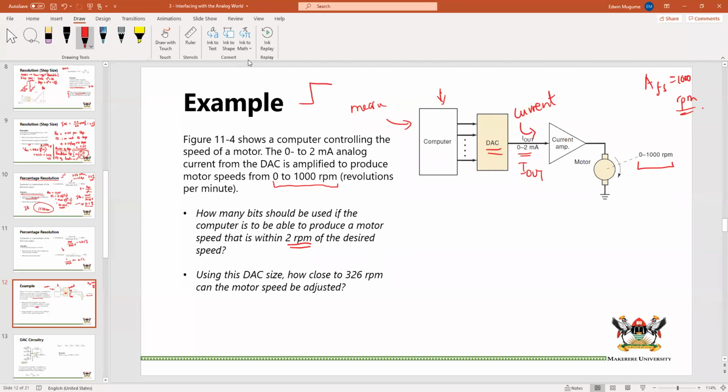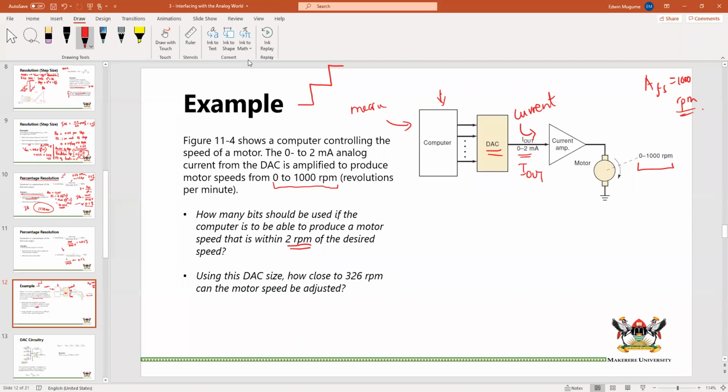If we jump like this, and we are saying that we should be within 2 revolutions per minute of the desired speed, it means that the step should be less than or equal to 2 revolutions per minute. That is how we can ensure that we are within 2 revolutions per minute. So for instance, I could say my step size is x, so the next is x plus 2, so that whatever number I pick, it's within 2 revolutions per minute.